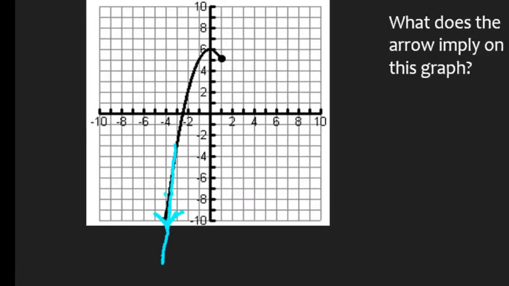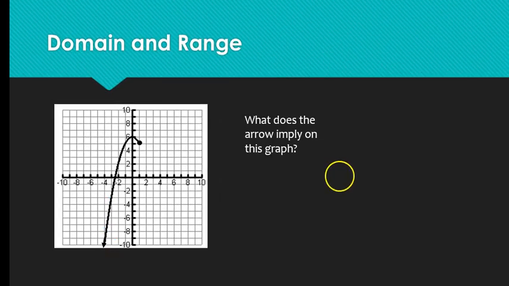So let's think about that. When we're talking about our domain, it goes from the left to the right. If we're talking about our x value, we know we're going to be smaller than the furthest right, which is right here at +1.